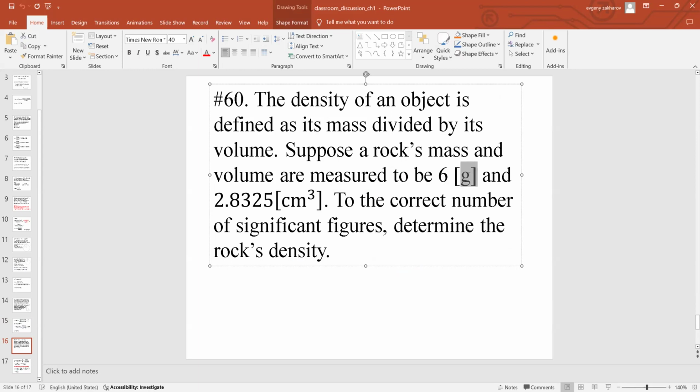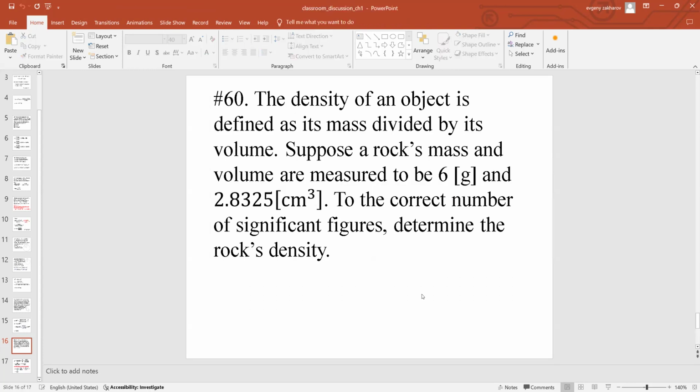And we do want kilograms because that's the System International unit. And those are centimeters cubed. Oh my God, it's not good because we want meters cubed. So your task is to convert from grams to kilograms and from centimeters cubed to meters cubed. Let's do that.